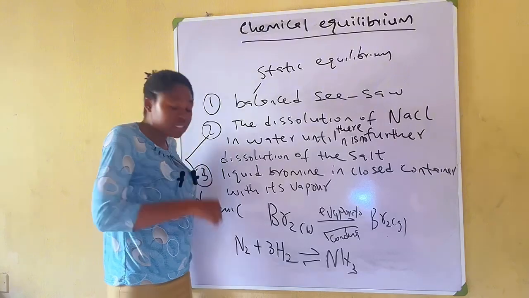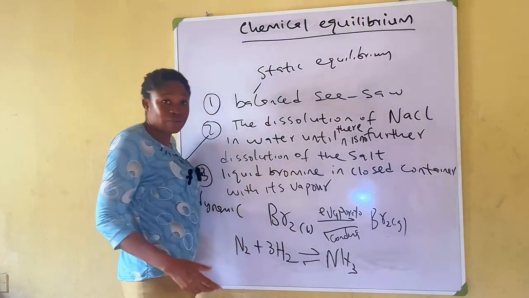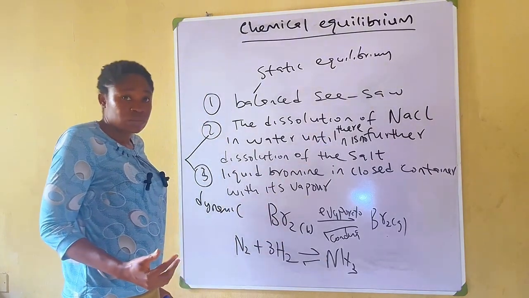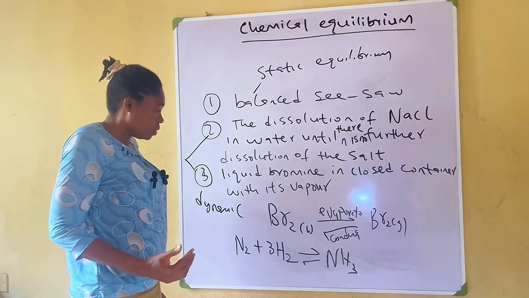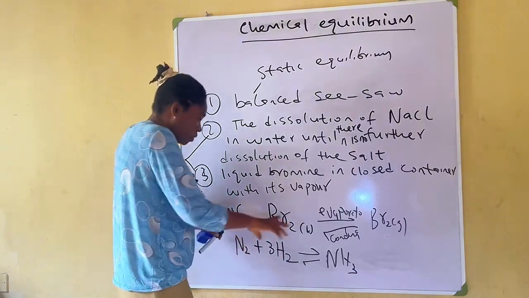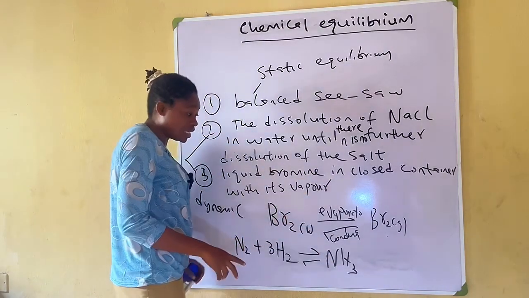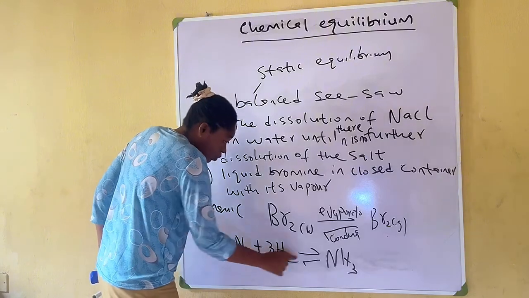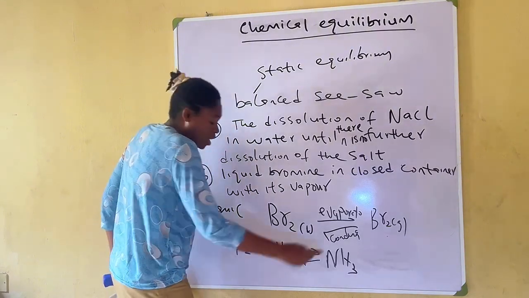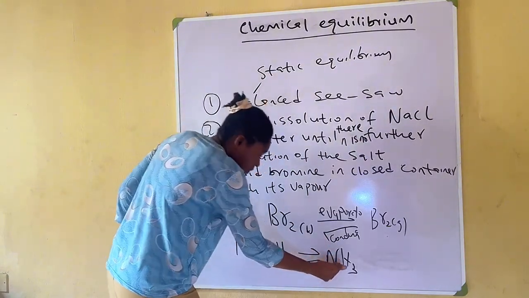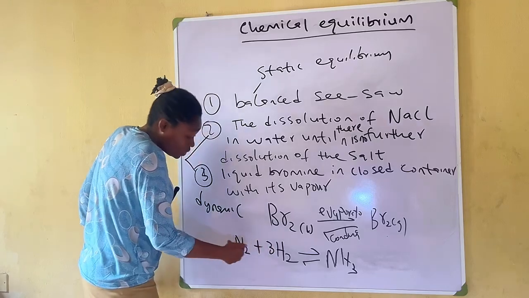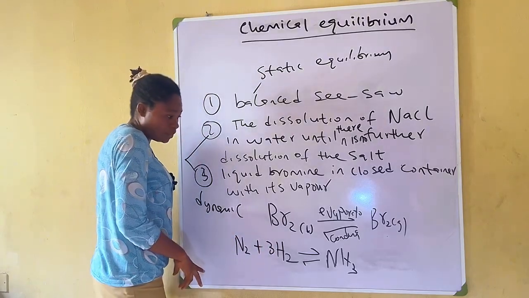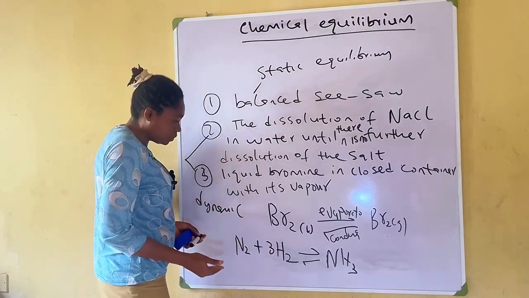If it's an open system, this gas will escape, and that's the end of the reaction. But if it's a closed system, it means that this gas will not escape. What it means is that the reactants will react to form products, and the product will also react to give back the reactants, because they're in a closed system.